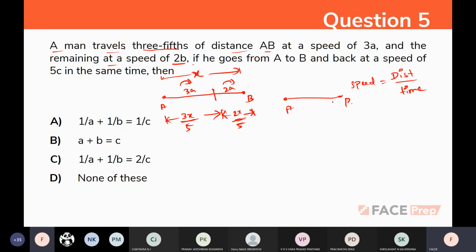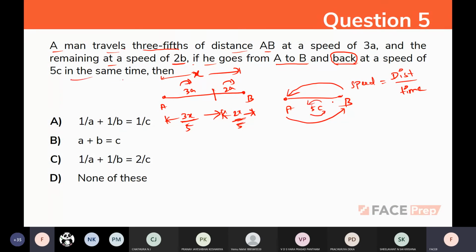So if he goes from A to B and back, this is one important word, one important key lead. So if he goes from A to B and back at a speed of 5c, the whole travel is happening at 5c speed in the same time.